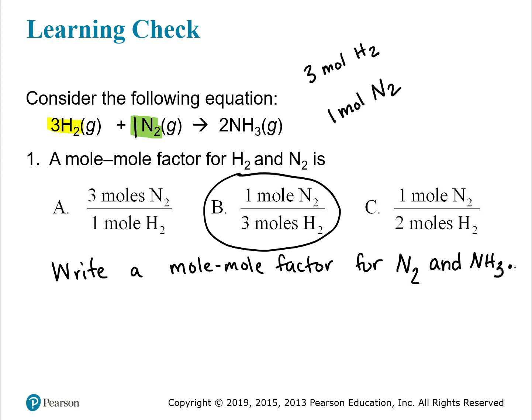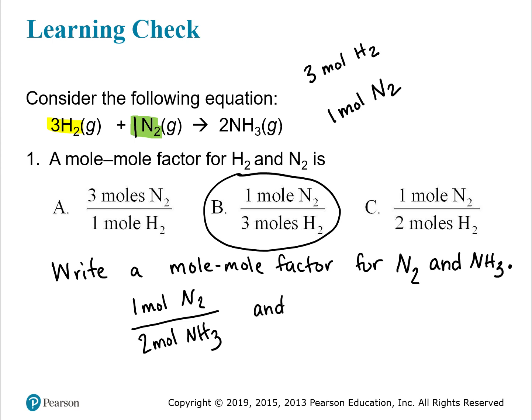All right, it looks like we have one answer in the chat. 1 mole of nitrogen gas for every 2 moles of ammonia. And that is absolutely correct.